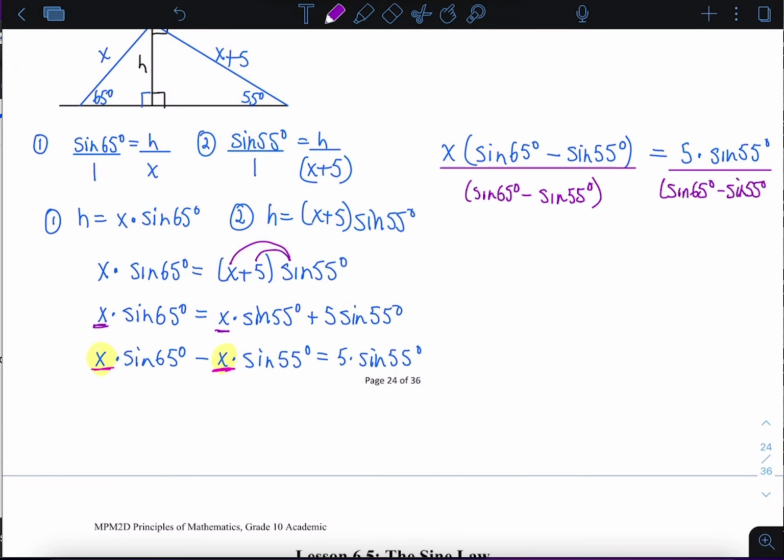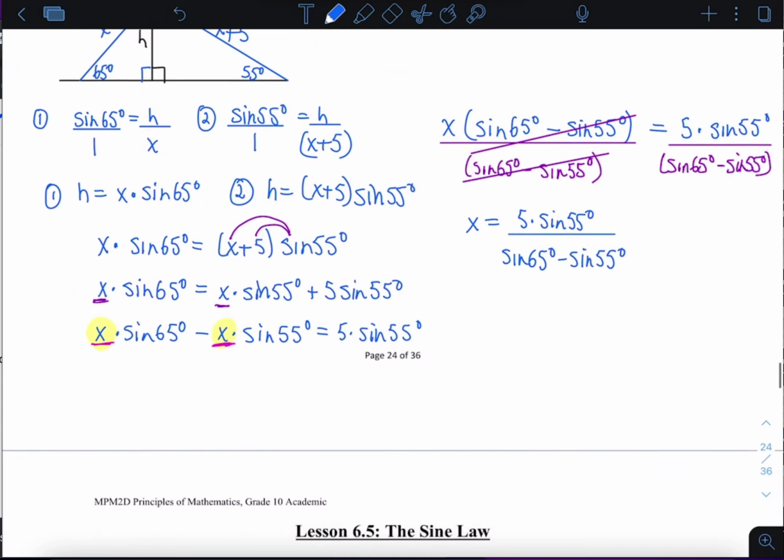Now, the reason I'm doing this is to cancel this out. If you're not comfortable with this, you can go right to your calculator in a previous step and just write out all the decimals. Okay, but I like doing this because it keeps my answer nice and accurate right up until the final step, and I don't have to look at all the decimals.